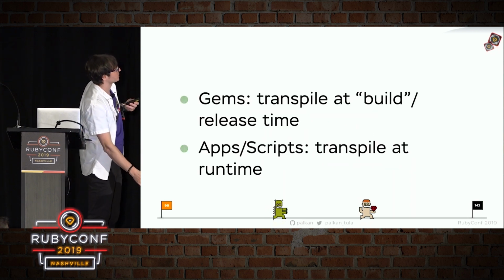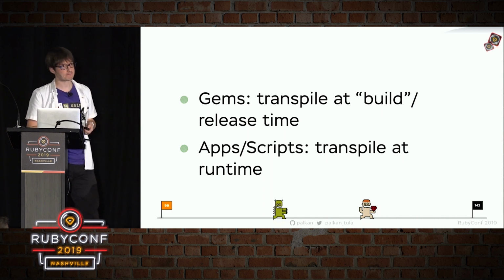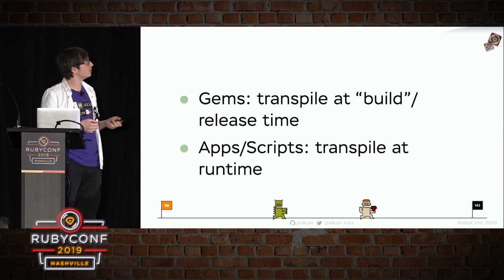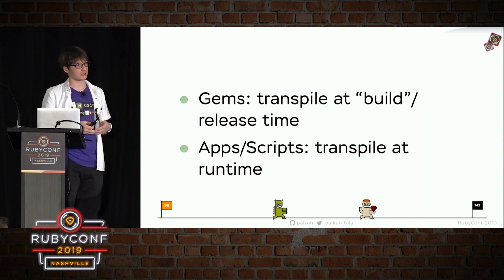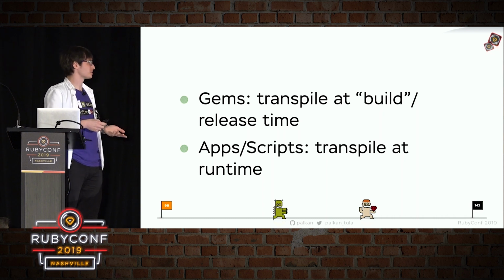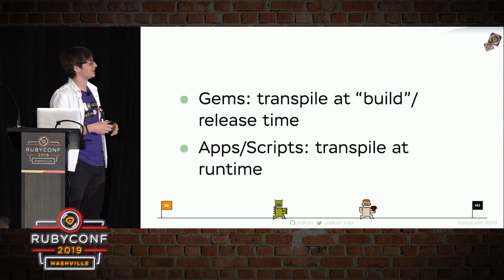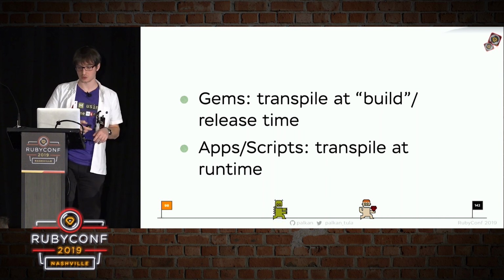I'm suggesting two strategies, depending on what you're building. For applications and scripts or anything else which you want to run on your machine, we can transpile at runtime. And for gems, it's better to transpile at build or release time to package all the transpiled files along with the source files. I'm going to talk about it a bit today. Let's start with runtime.